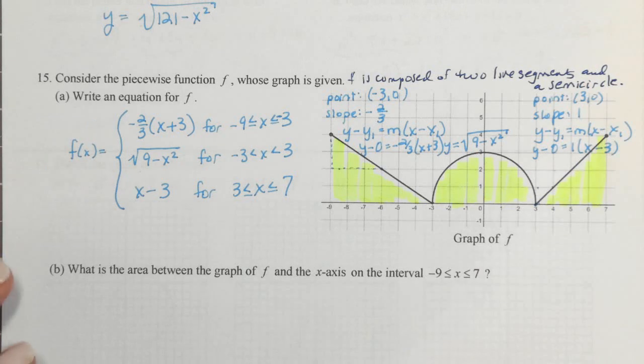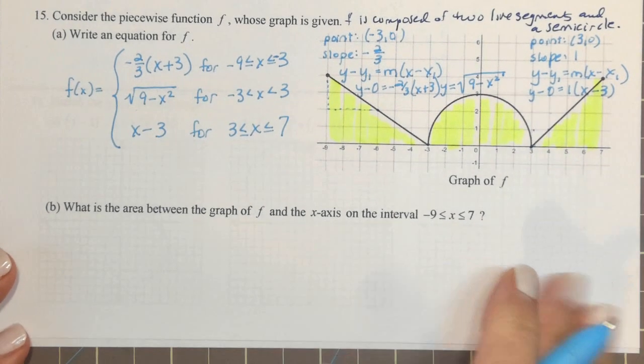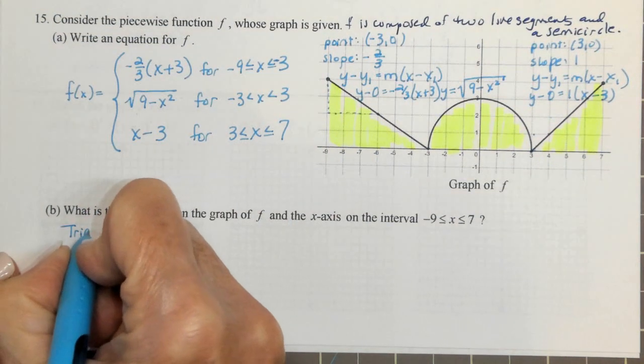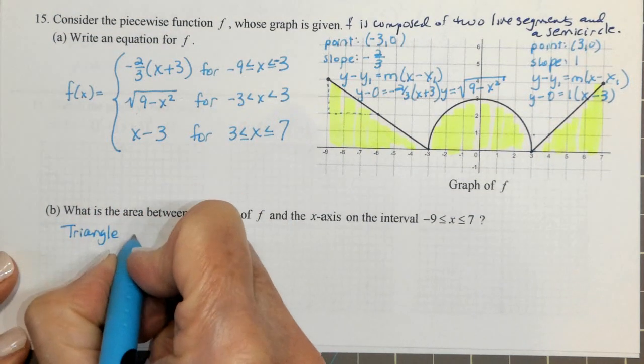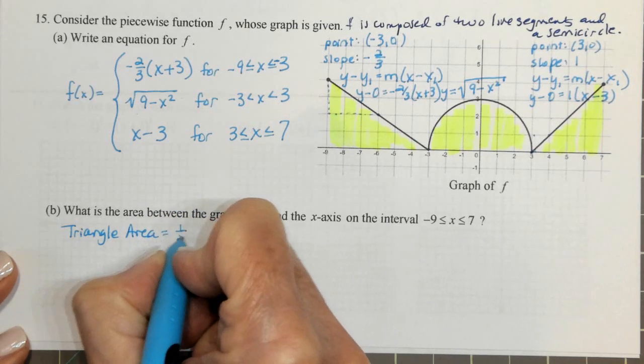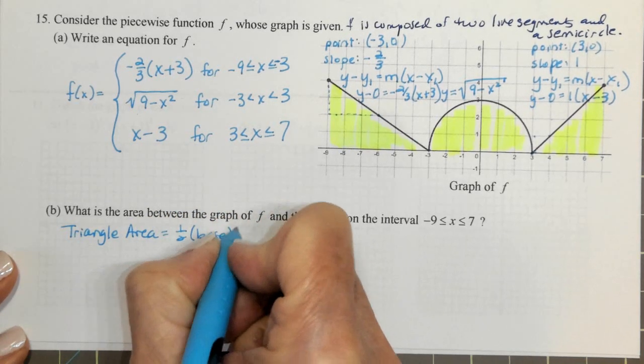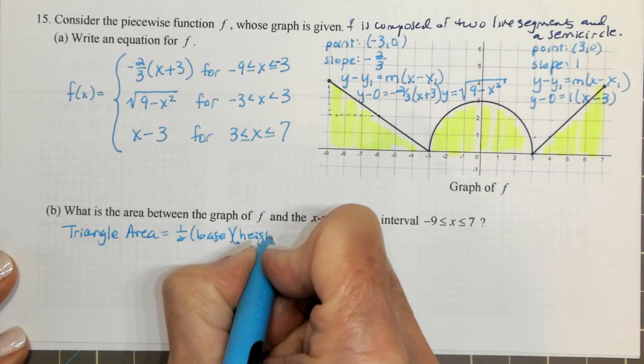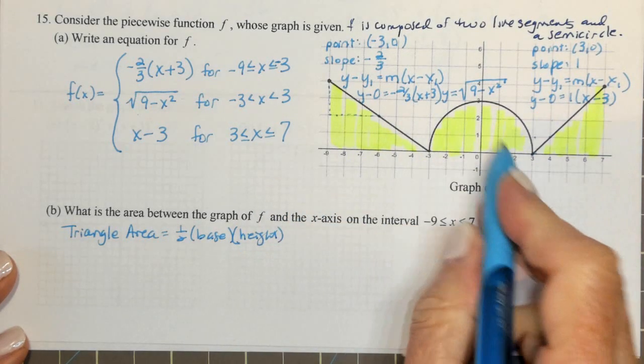Okay, so I first see the area of a triangle, and I need you to know that formula. Triangle area, the formula is 1/2 base times height. There's also a semicircle.